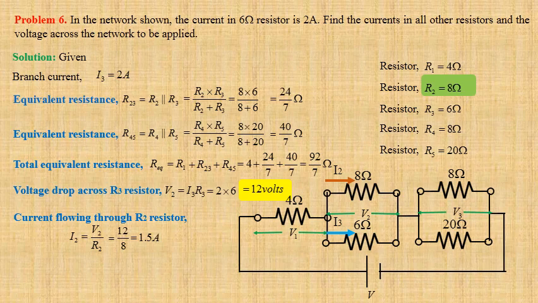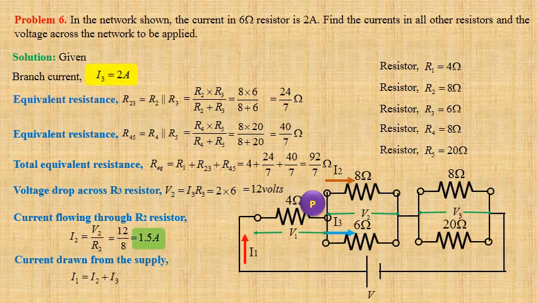Applying Kirchhoff's current law at node P, we get current drawn from the supply I1 equals I2 plus I3. Using values we get 1.5 plus 2, that gives us 3.5 ampere.